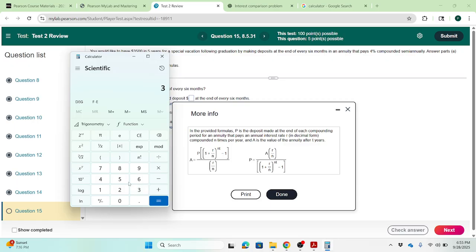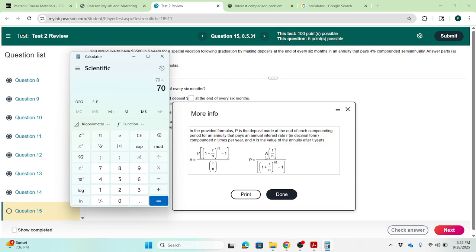A is 3,500, that's what we want, times, use the parenthesis, rate is 4% divided by 2 because semi-annually means 2 times a year. Hit enter, divide that by this bracket.